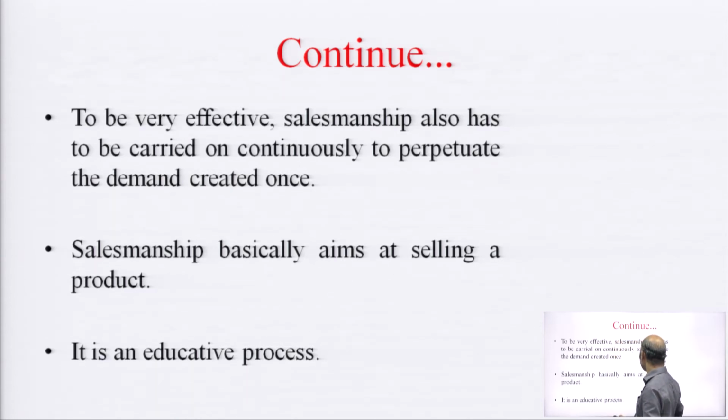Salesmanship basically aims at selling a product. There is nothing more important than selling a product to the customer. You have to sell the product to the customer, and it is your primary, basic objective, how you would sell the product to the customer.